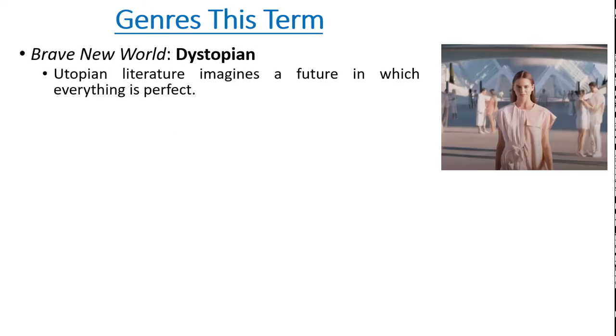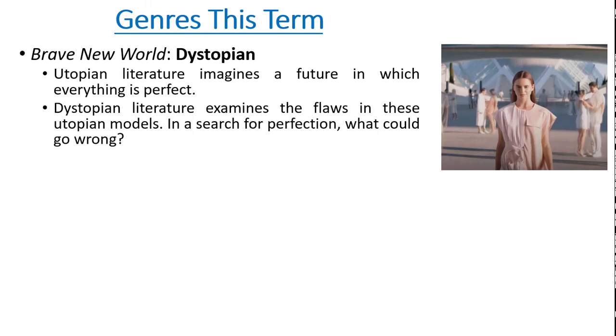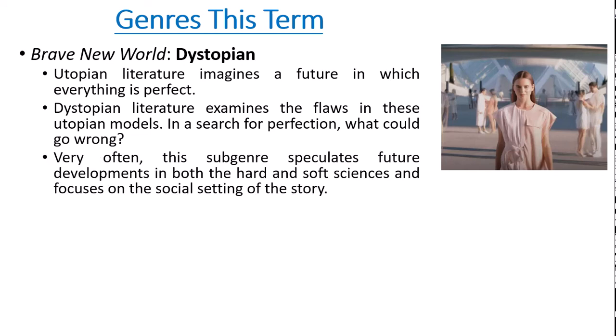This is dystopian. So utopian literature imagines a future in which everything is perfect. Dystopian literature examines the flaws in these utopian models. So in a search for perfection, what could possibly go wrong? Very often, this subgenre focuses on future developments in both hard and soft sciences.